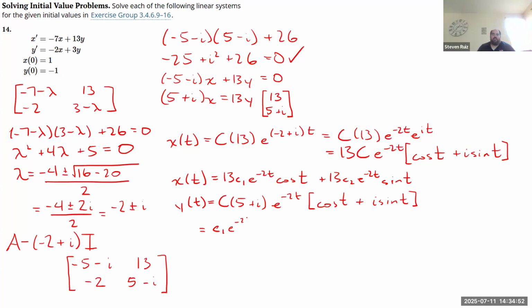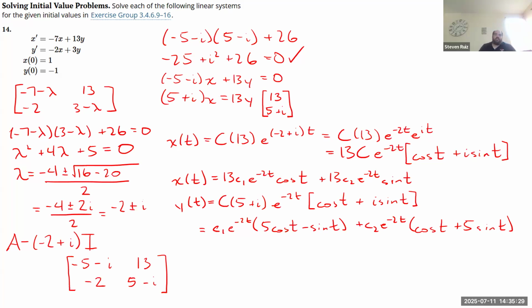So C1 e to the negative 2t times 5 cosine t plus i squared sine t, so minus sine t, plus C2 e to the negative 2t times the imaginary part, which is going to be i times cosine t, so cosine t, plus 5i sine t, so plus 5 sine t. So we're done with our general solution for both x and y.